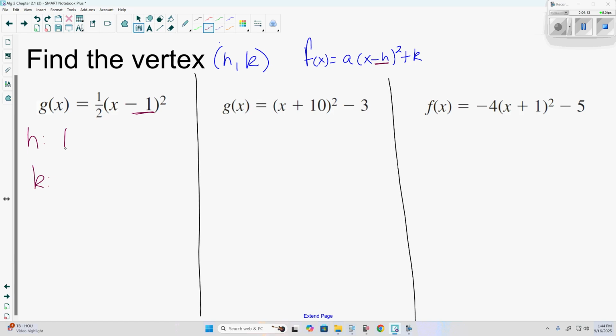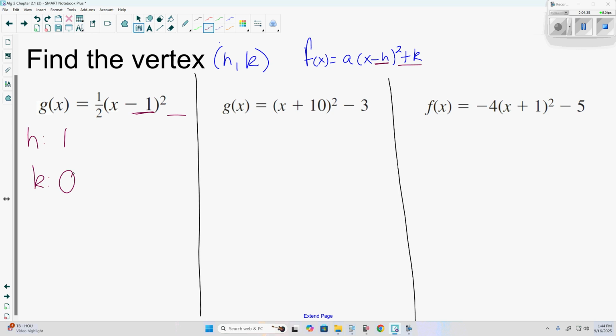Our value of k comes from outside. What number is being added outside the parentheses? Nothing. So the value of k is 0. Now, we talked about transformations and how far it was moved up or down. We wouldn't list anything because moving the function up 0 or down 0 doesn't move the function anywhere.